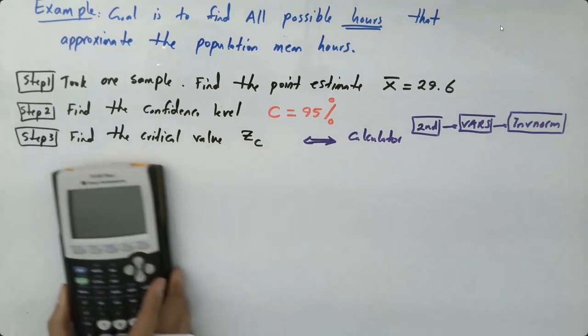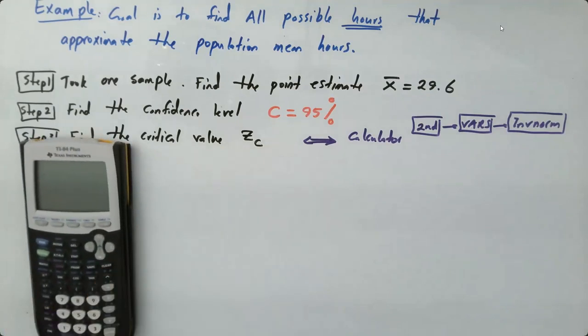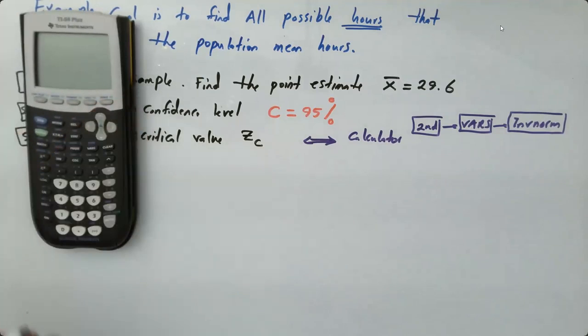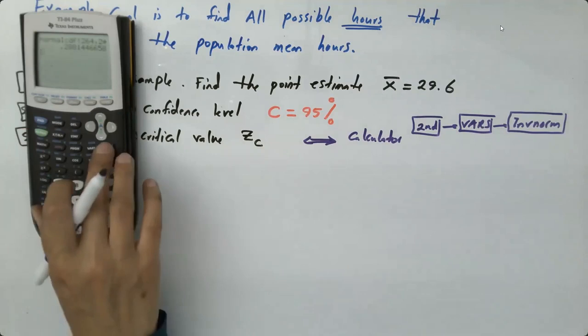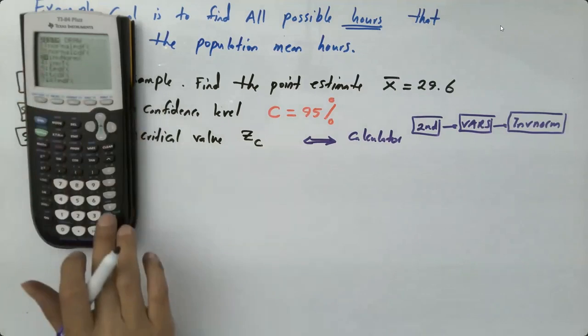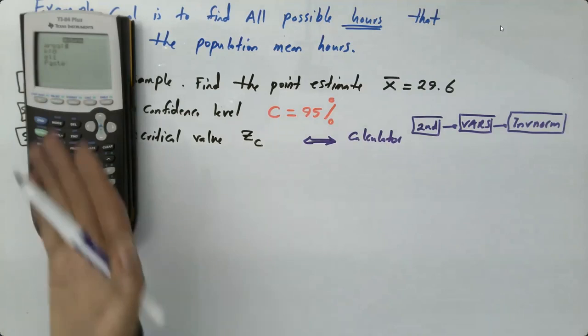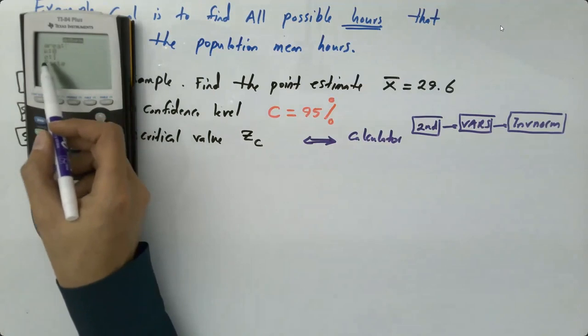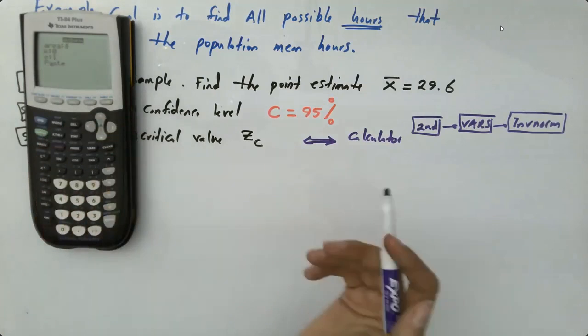So let me go to second vars, and turn on the calculator. Then inverse norm. In the inverse norm, I have to enter something for the area, the mean, and the standard deviation.